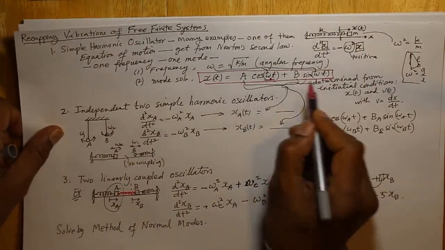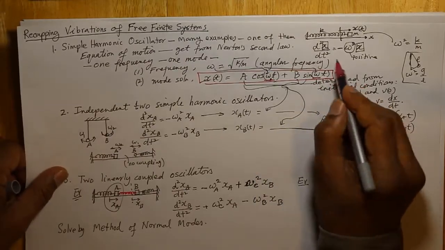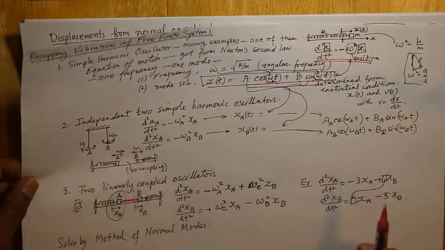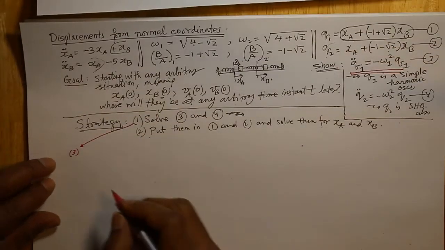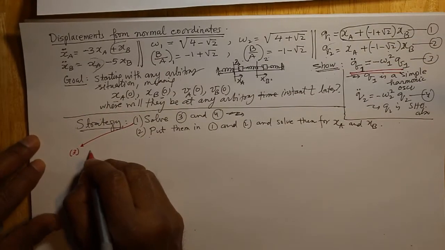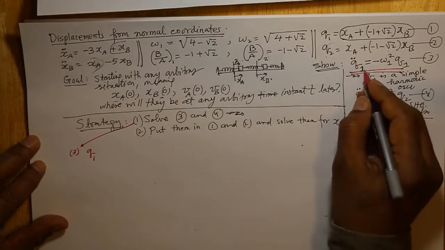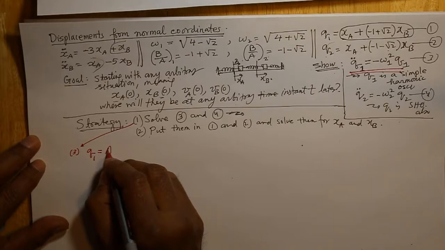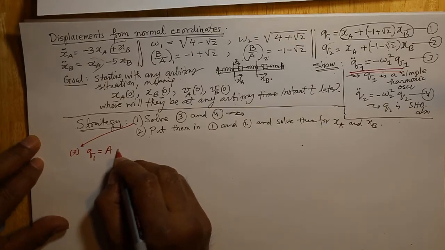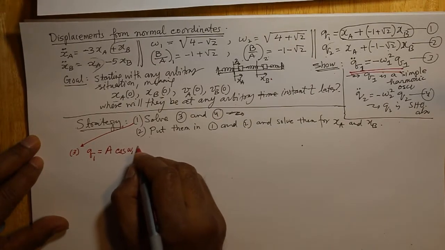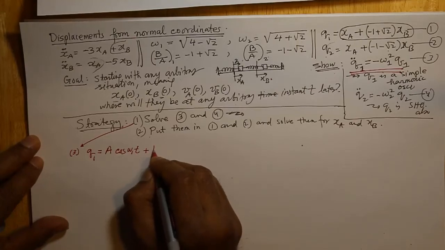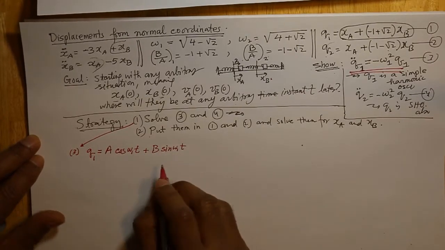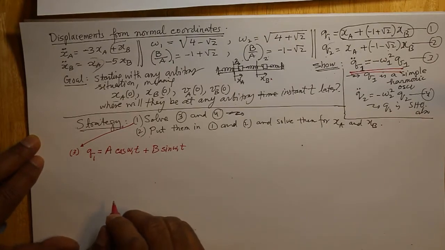So Q1 would look like some constant A cosine omega 1 t plus some constant B sine omega 1 t. Of course I could use a phase, but I'm just going to do sines and cosines.